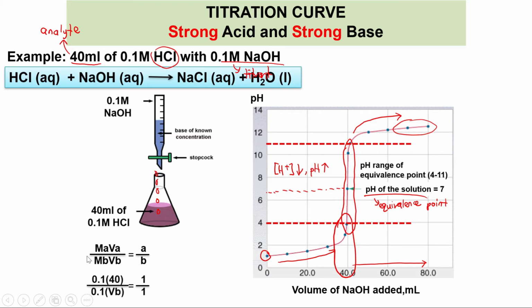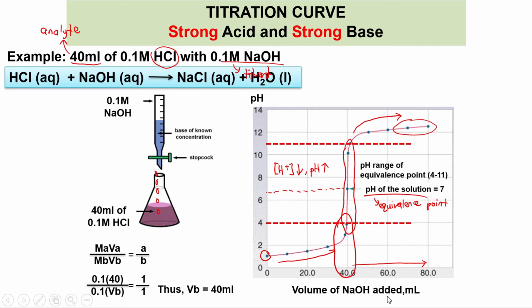The molarity of acid is given as 0.1 molar, the volume is 40, and the molarity of the base is given as 0.1. The stoichiometric ratio is 1 to 1. So you can determine the volume of base you need to add in order to reach the equivalence point. Therefore, we mark here that the equivalence point lies at 40 ml of NaOH.